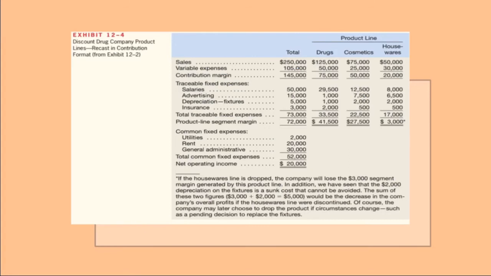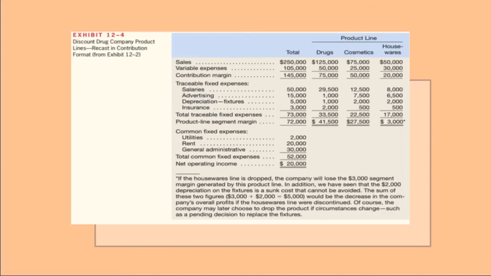This is Exhibit 12-4, Discount Drug Company product lines recast in contribution format from Exhibit 12-2. If the housewares line is dropped, the company will lose the 3,000 pesos segment margin generated by this product line. In addition, we have seen that the 2,000 pesos depreciation of the fixtures is a sunk cost that cannot be avoided.